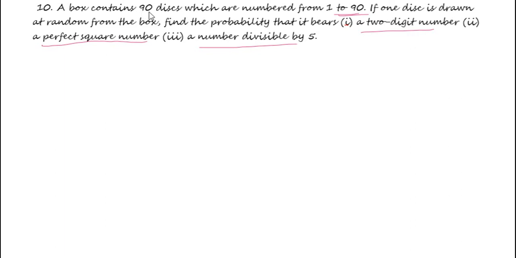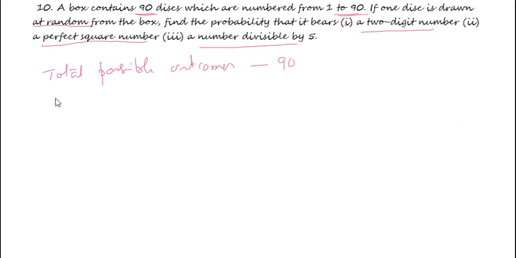They have given it contains 90 discs and you are drawing a disc at random. So the total possible outcomes, it can be any one disc, so total possible outcomes are 90.